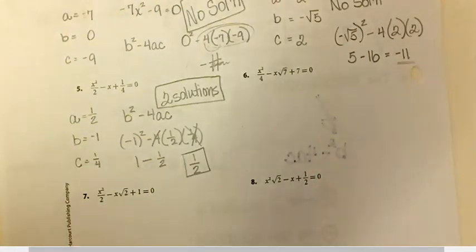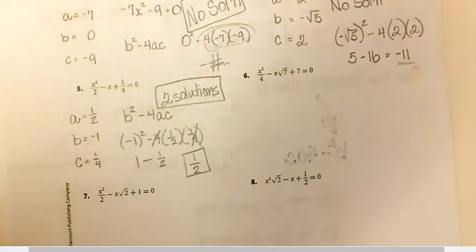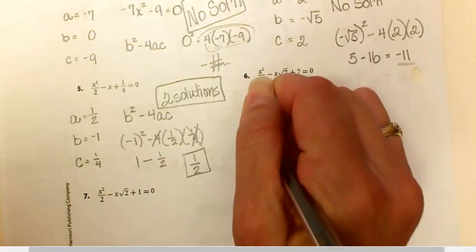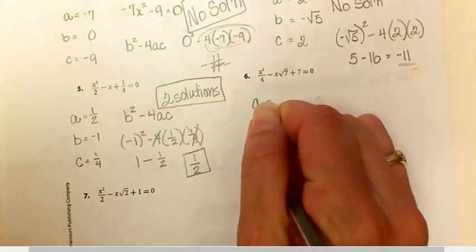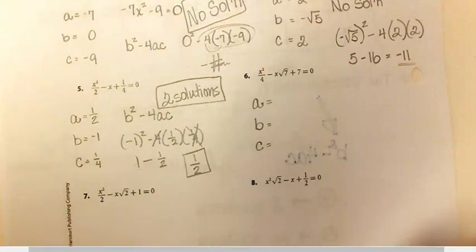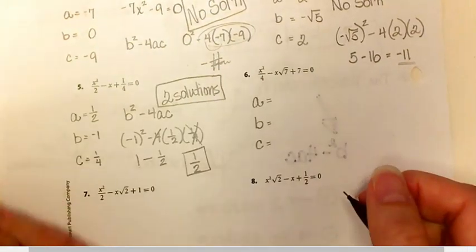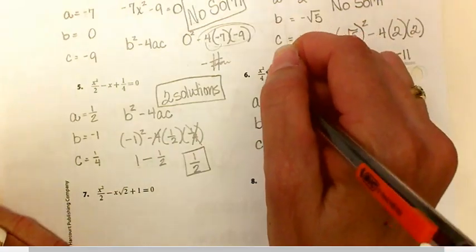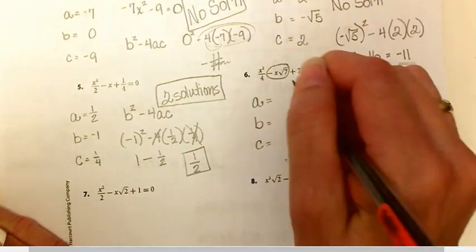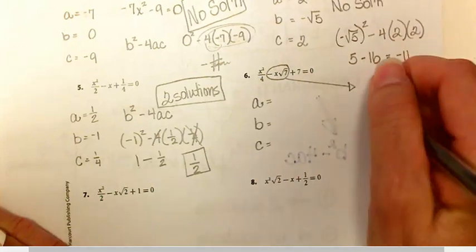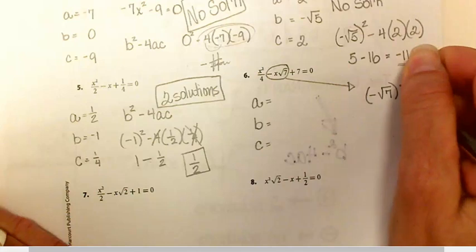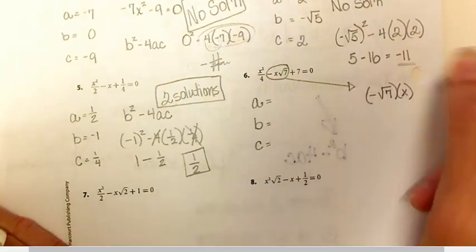All right, number 6. Again, things are getting a little more complicated just because they're not throwing out whole numbers anymore, but we can still do this. You've just got to be careful. You can't drop negative signs, you can't drop square roots, stuff like that. I'm going to take this, and that's going to be negative square root of 7 times x.